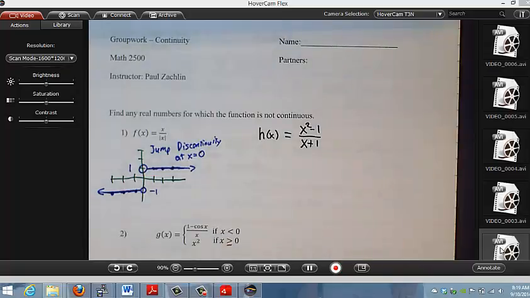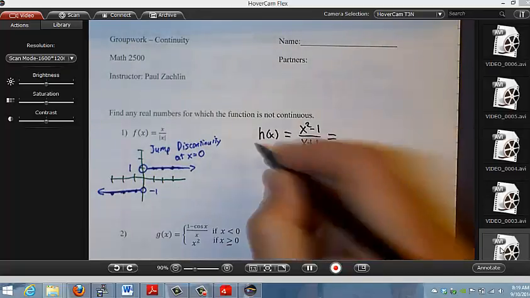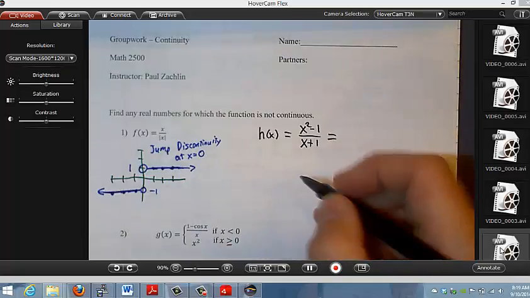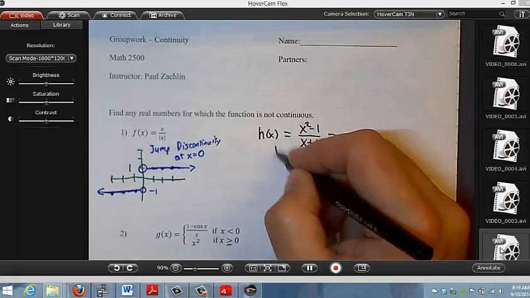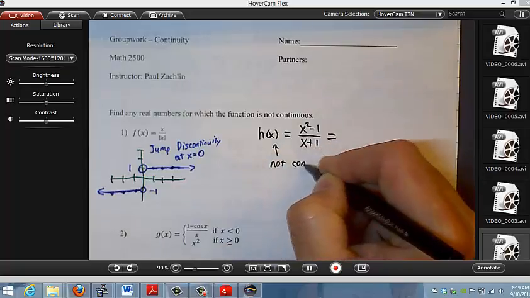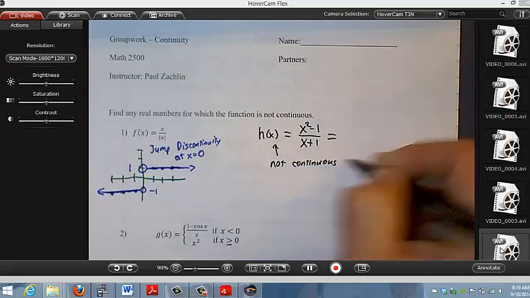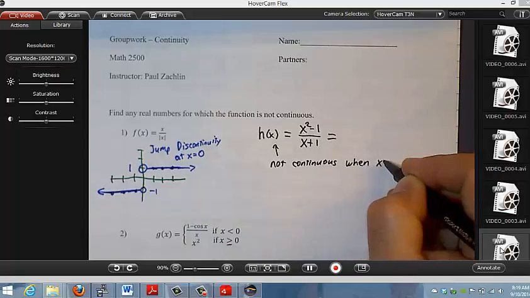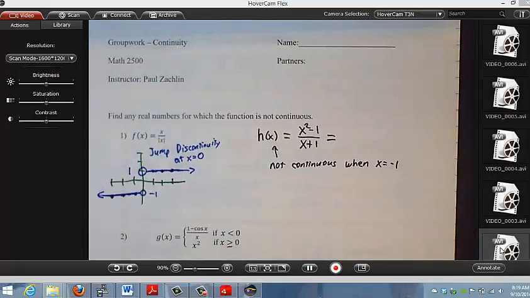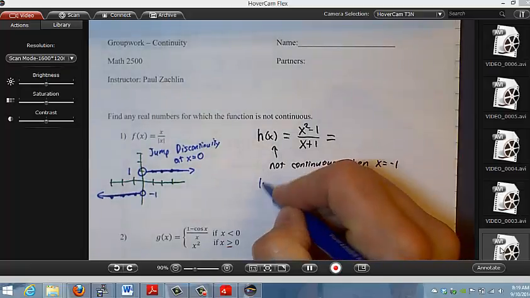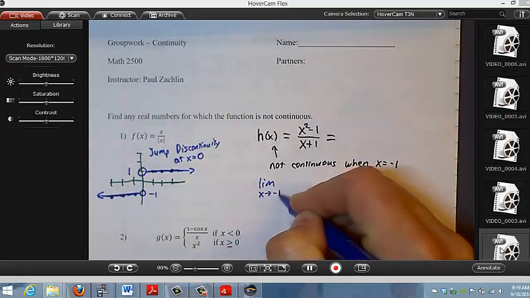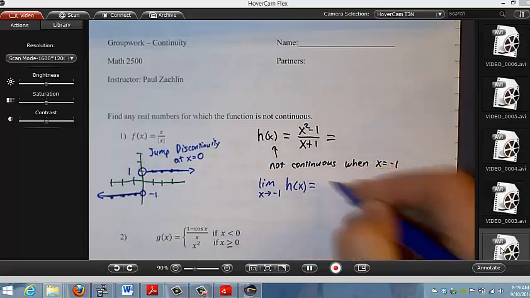Whereas h of x, what's the graph of that look like? Well, remember that we've been finding a limit, right? We know that this one, h of x, is not continuous when x equals negative 1. We know that, right? And yet, you could still find the following. If you want to find the limit as x approaches negative 1 of h of x, how do you do it?